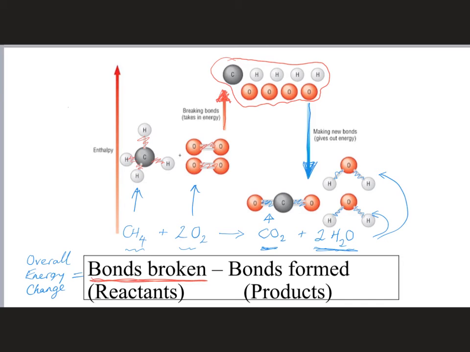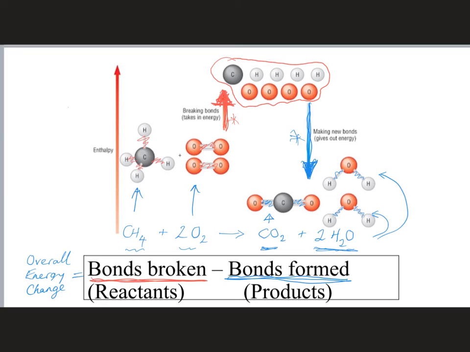Okay, so that's this amount of energy here. That energy has been put in, minus the amount of energy released when new bonds are formed, and that's this amount of energy here.